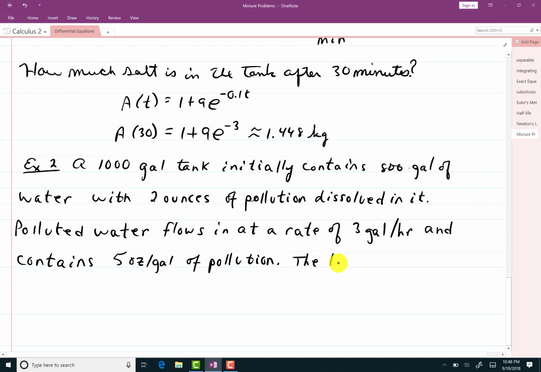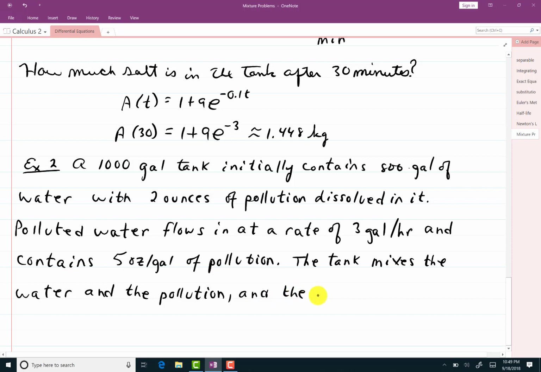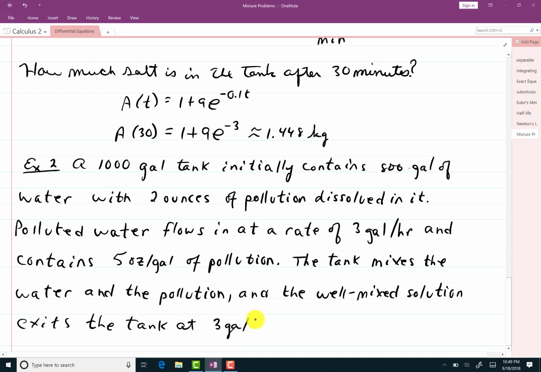The tank mixes the water and the pollution, and the well mixed solution exits the tank at 3 gallons per hour.